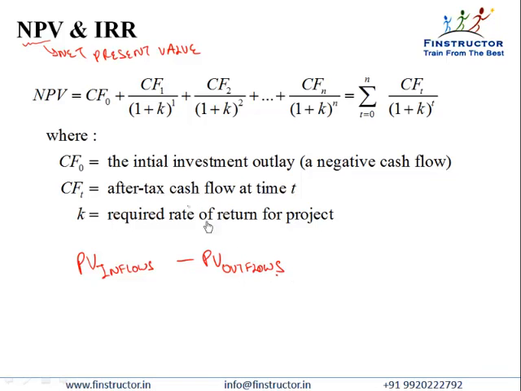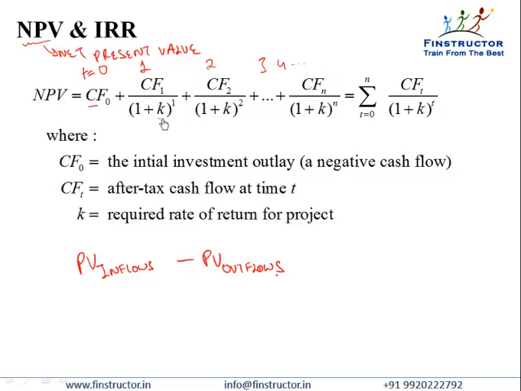So if the cash flows are conventional, then we will have one initial investment outlay, that is a large negative cash flow, or a series of a few large negative cash flows for the first couple of years, and subsequently the project will start throwing positive cash flows in years 1, 2, 3, 4, so on and so forth.